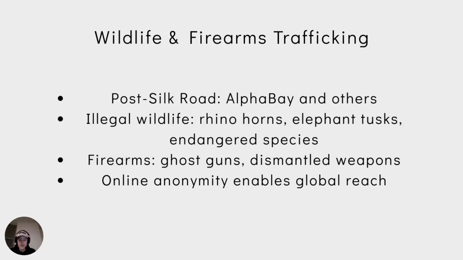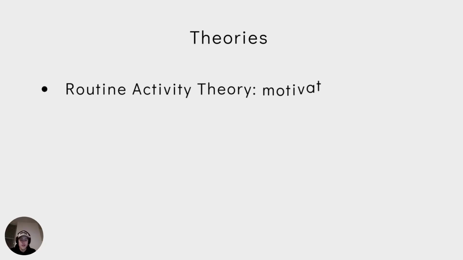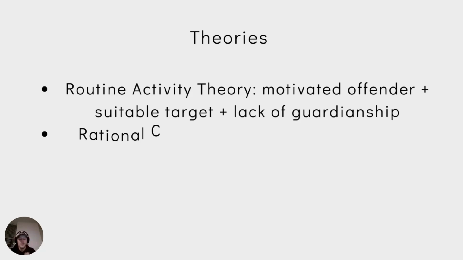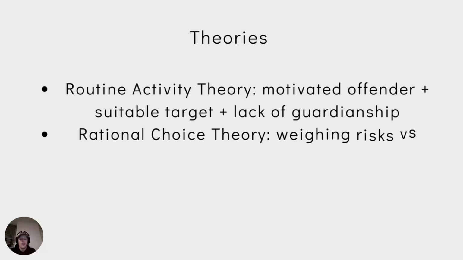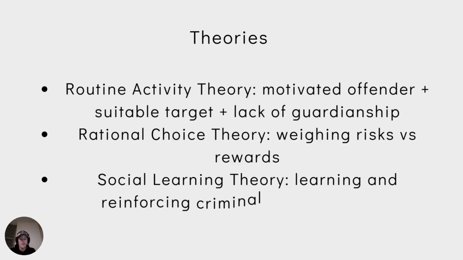So, I went through three different types of theories: the routine activity theory, which includes motivated offender, suitable target, and lack of guardianship. The motivated offender is someone that is looking to sell, wanting to commit the crime so that they can get something out of it.